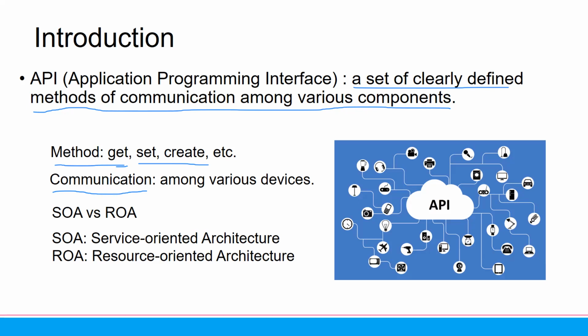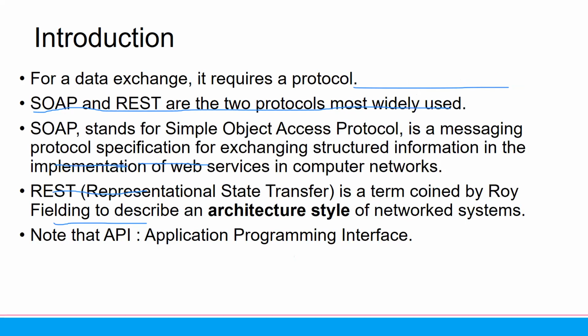So there are two types of communication. We can use SOA, which is service-oriented architecture. And the other way of communication is ROA, resource-oriented architecture. For the data exchange, it requires a protocol.